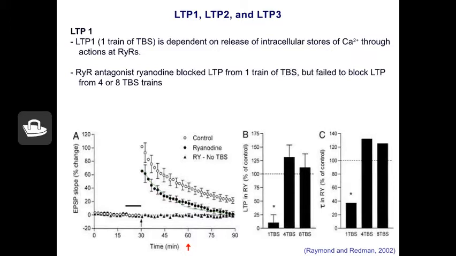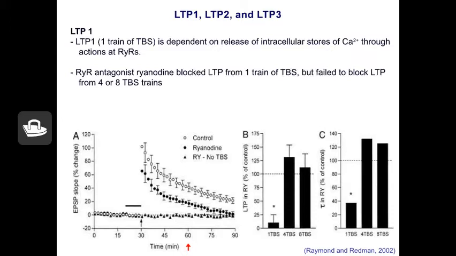So you're probably wondering, what the heck are ryanodine receptors? Let's talk about them for just a minute. We've already seen that calcium is stored in the endoplasmic reticulum. Now, one way to induce release of calcium from the endoplasmic reticulum store is actually to have an increase in the intracellular calcium concentration.